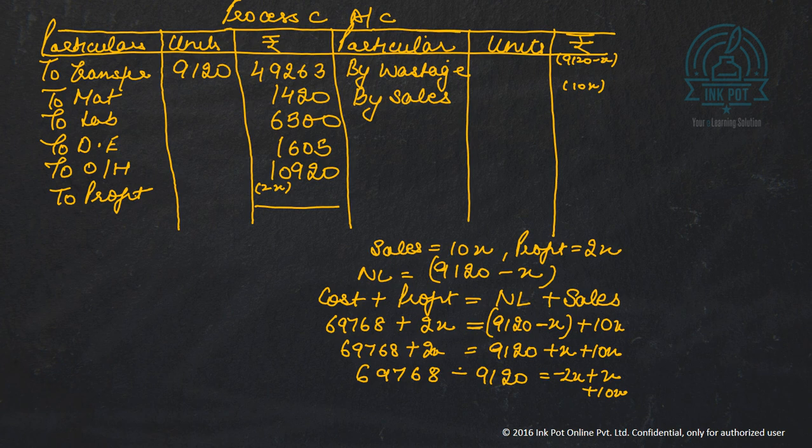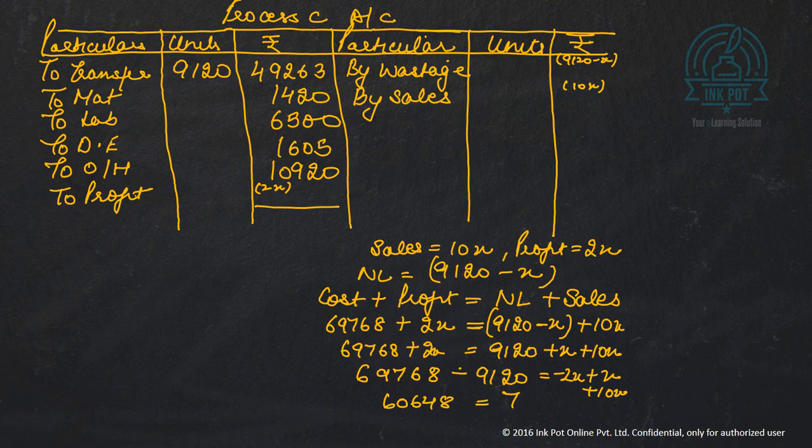So you will get, on solving this, you will get 60648 is equal to 7x.